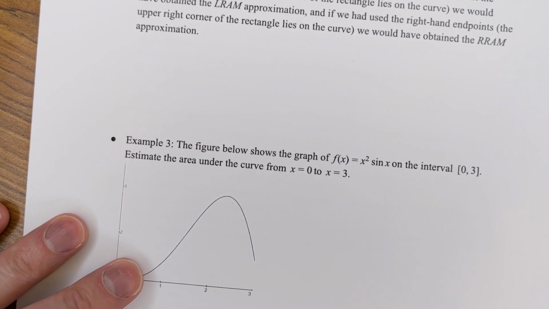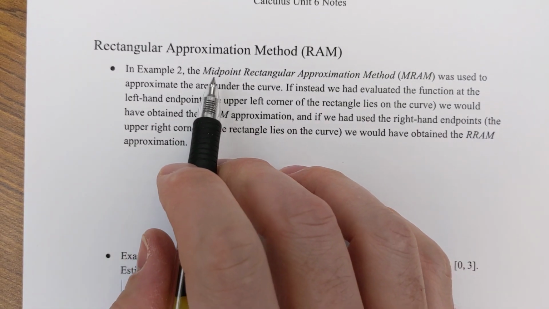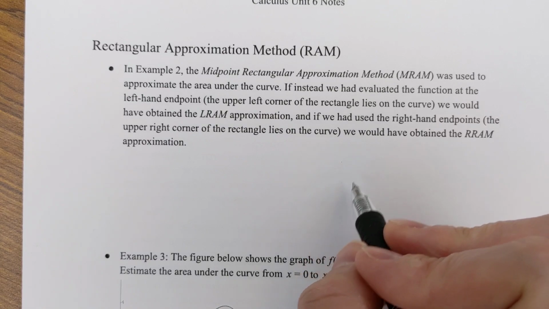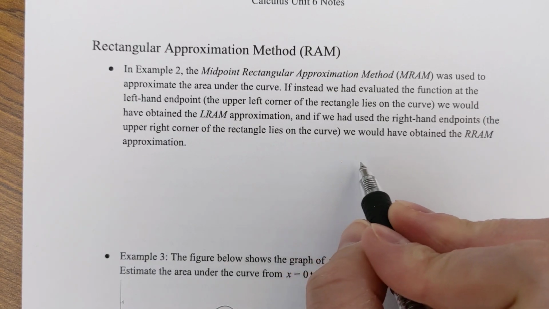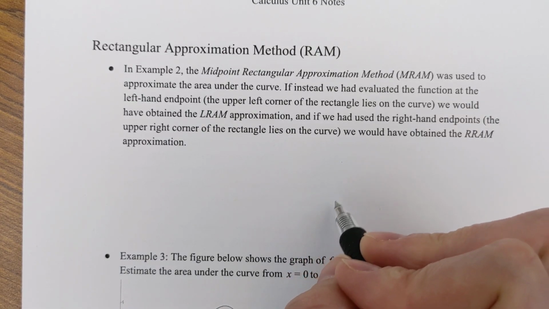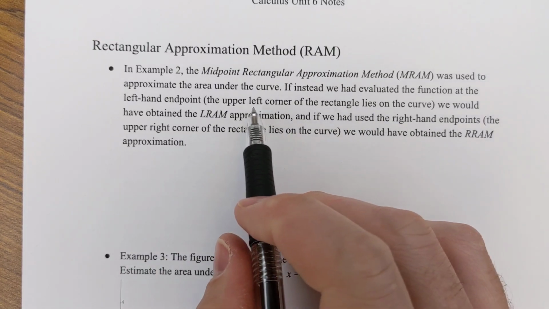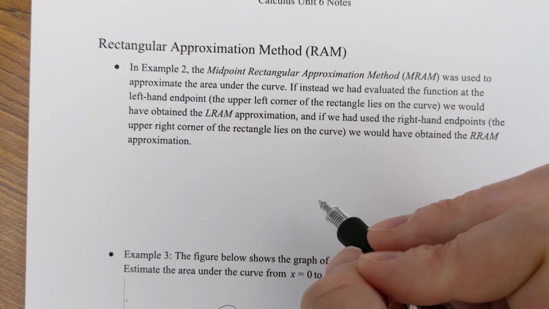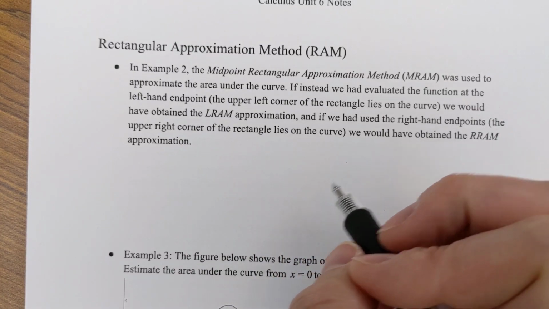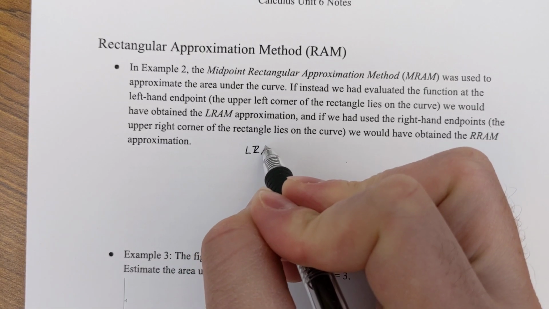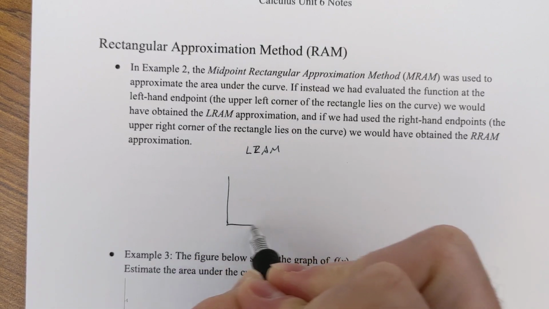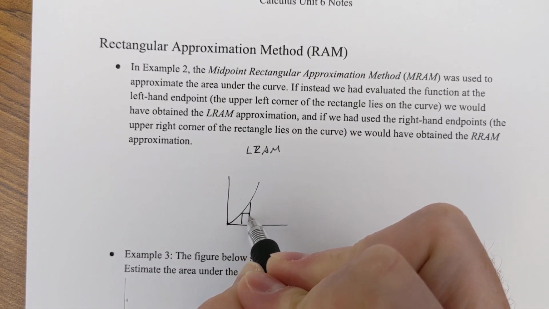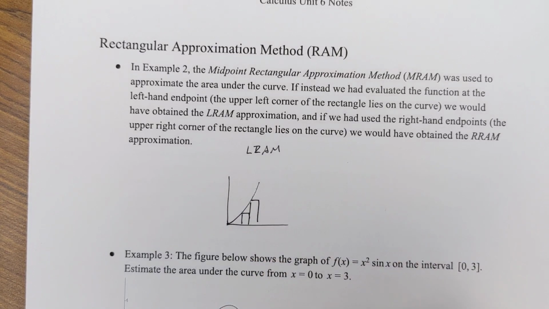Okay, so what I did there is referred to as a midpoint or rectangular approximation, where in each of your intervals, you find the middle height, so you choose the value out of the center. There's also something referred to as the LRAM and the RRAM that just tells you where you draw your rectangles. So for example, for LRAM, if I have my curve, the left edge of the rectangles sits on the curve.